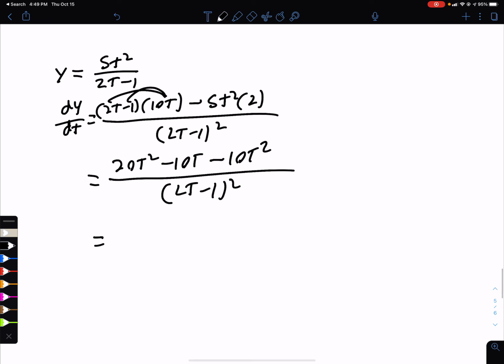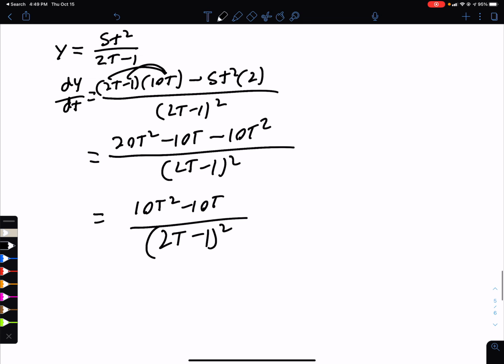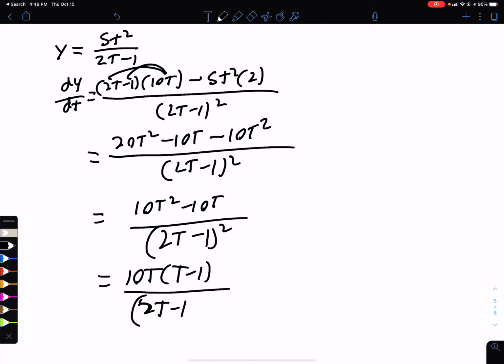And on top, 20t minus 10t is 10t squared minus 10t over 2t minus 1 squared. I'm going to factor out the 10 and the t minus 1, over 2t minus 1 squared. There she blows. That's the derivative of box.